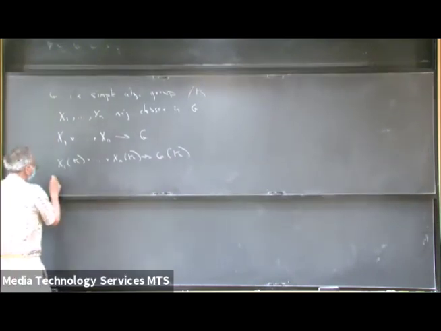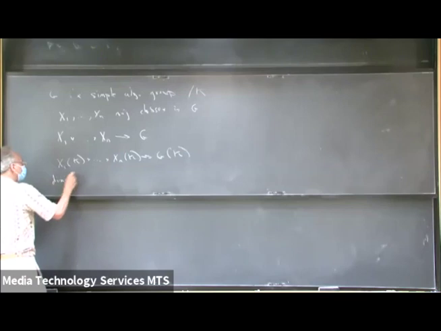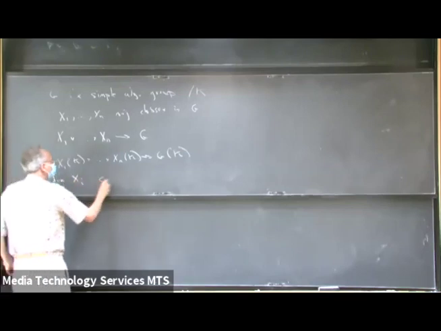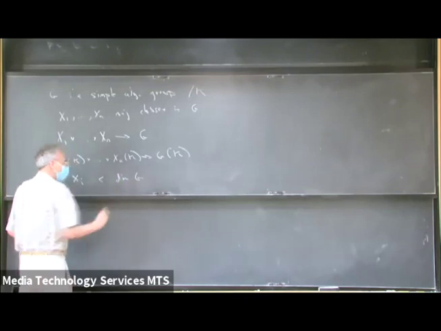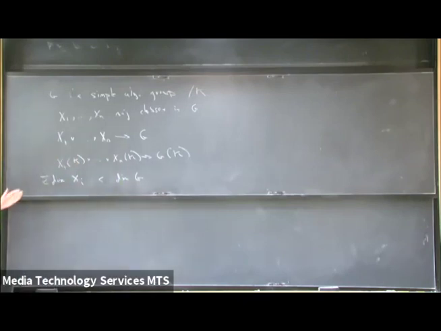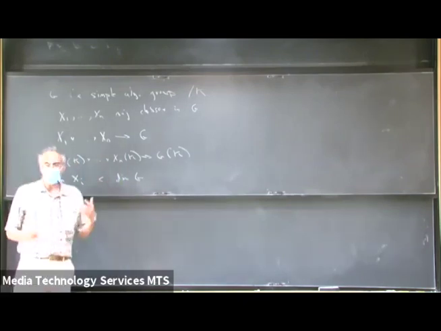And of course, if the sum of the dimensions is less than the dimension of G, then you would expect the answer is no. And if it's greater than or equal to the dimension of G, at least you have a chance.